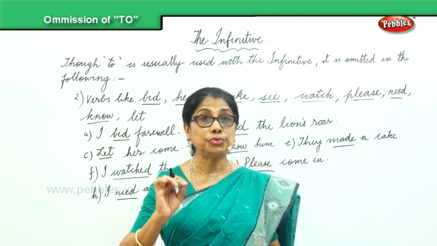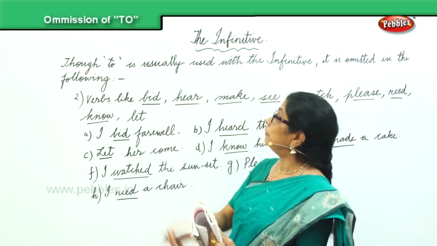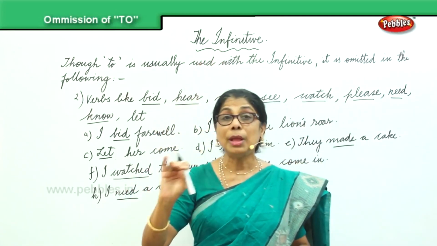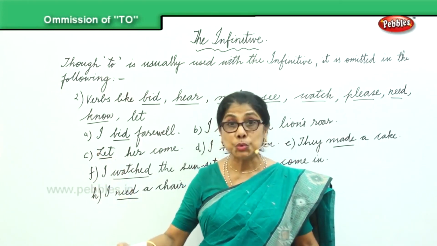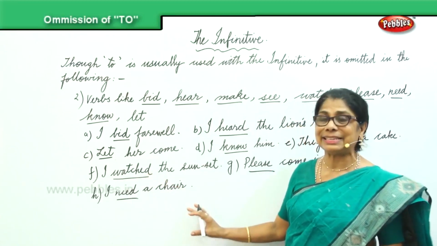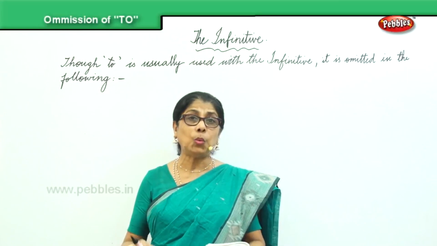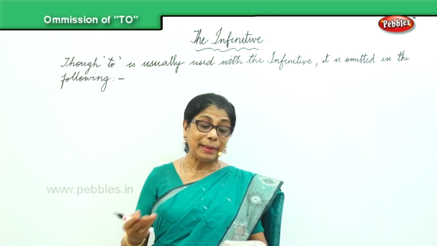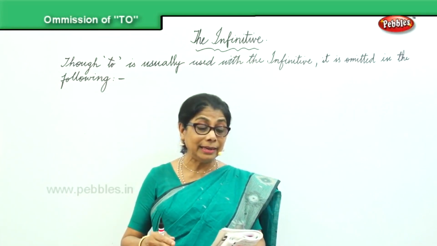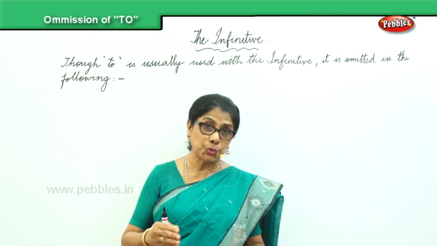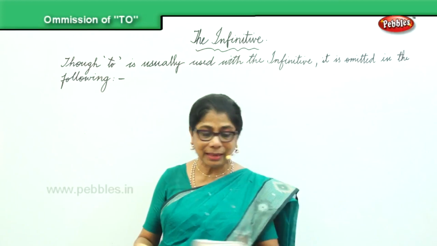We do not use to. Only in the formation of infinitive we use to, but while using these verbs, we normally omit to when forming sentences. In the third type, I have for you some more verbs like had better, rather than, would rather. Again, we omit to in forming these verbs in a sentence. Okay, that's the third type.